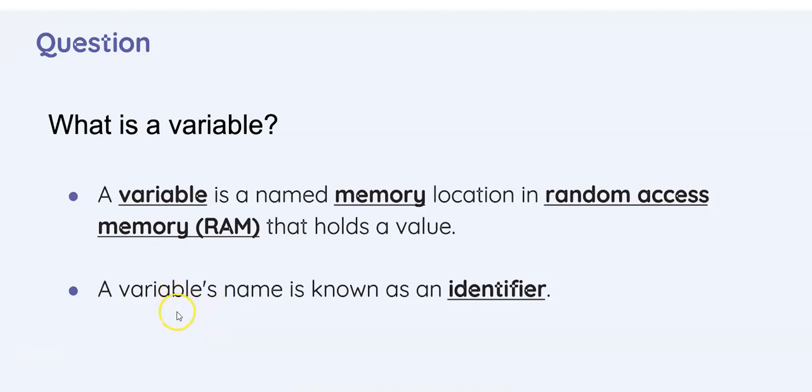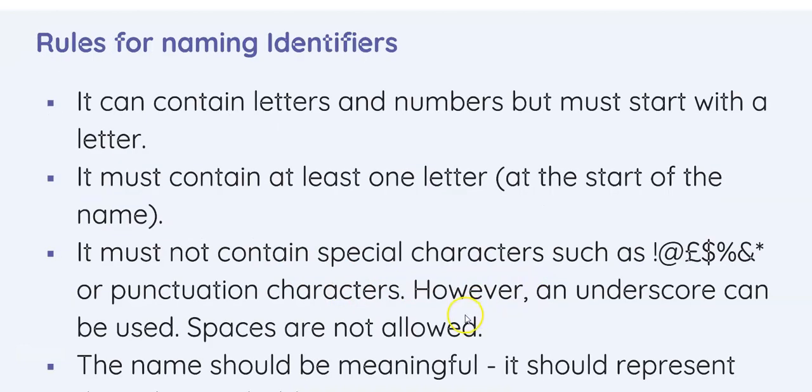For example, a cup holds water that someone wants to drink, but then we could have a larger container that is a bin that is used to contain garbage. So every variable should have its own identifier or its own name.